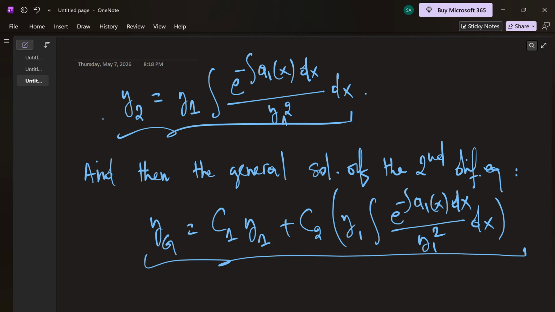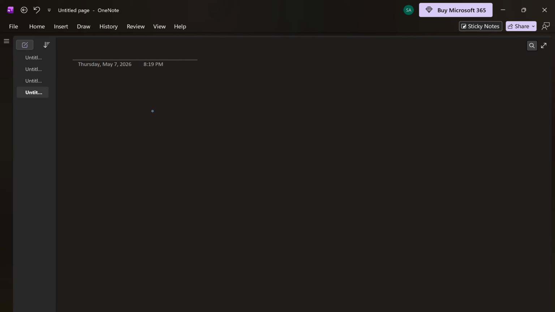Now I will introduce to you the special cases where the coefficients of the equation would be constants.